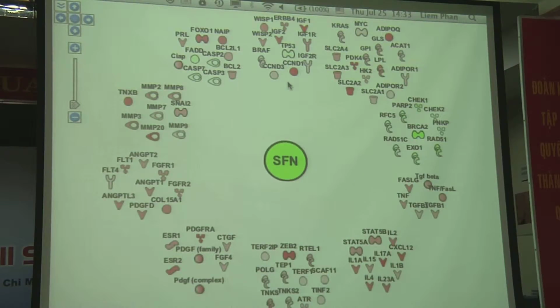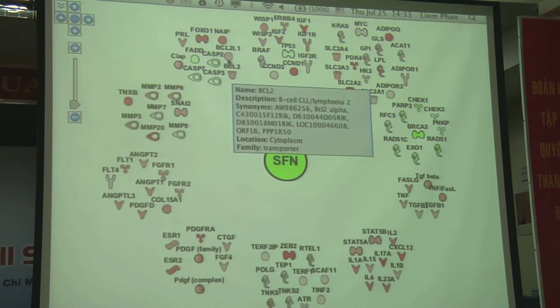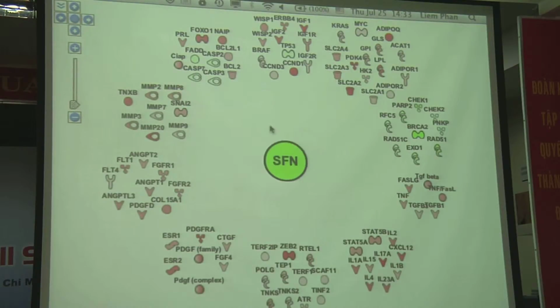In the cell proliferation, like cyclin D3, cyclin D1, BRAF, IGF-1, etc. So this caspase, BCL2, this is involved in apoptosis. So what you can notice is that when 43 sigma is downregulated, the color is green.